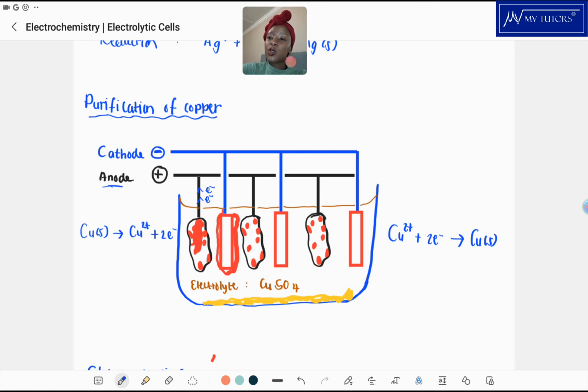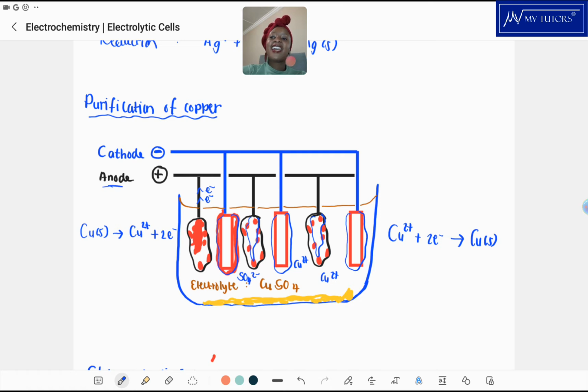You start losing mass there at the impure copper, because the actual copper ions form during oxidation, that you'll have in your solution, you also have the sulfates somewhere there. Okay, and then at the cathode, like I said, you will have an increase in mass for all of them. Okay, and you'll see that now it starts purifying.